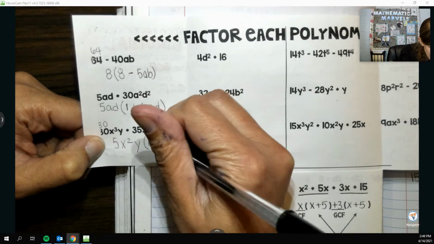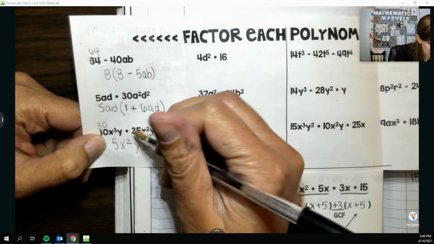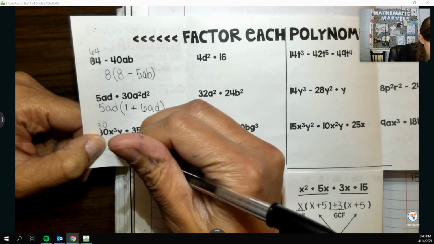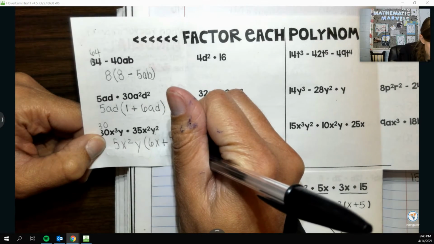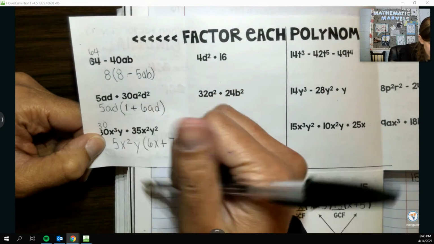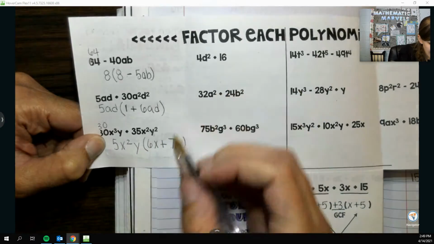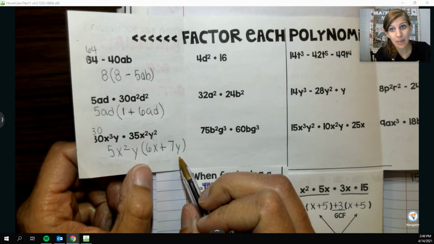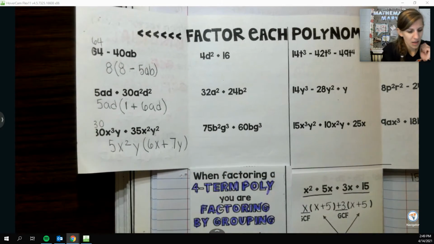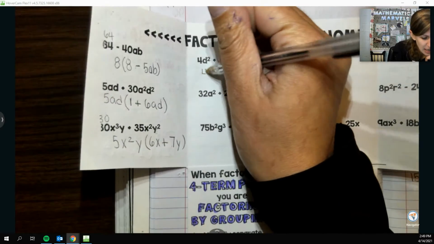I took 2 x's, so 1's left. I took 1 y, so none are left. Plus 5 times what gets me 35? That's 7. And then I took both x's, and I only took 1 y, so 1 y is left. And again, I can look inside here and see that they have nothing in common, so I know I got the biggest.